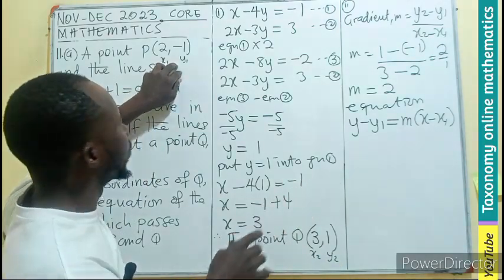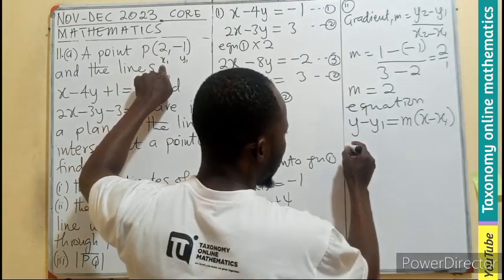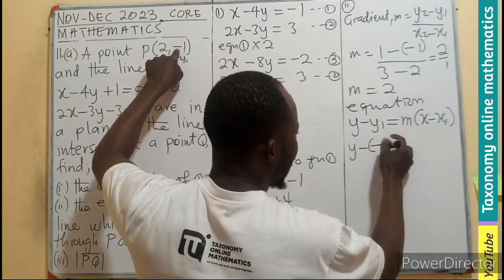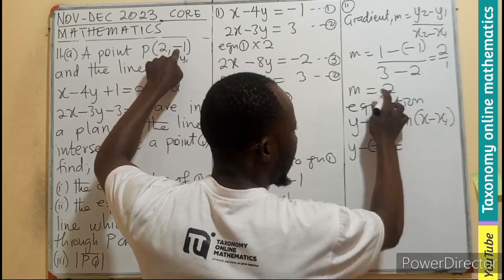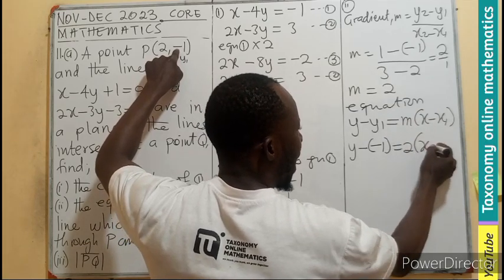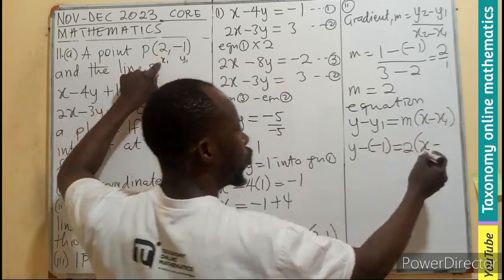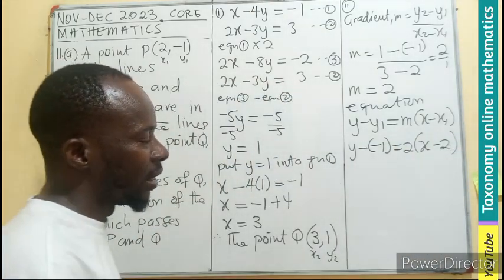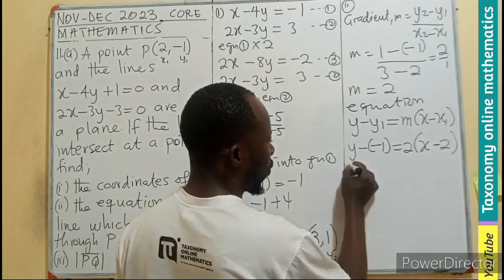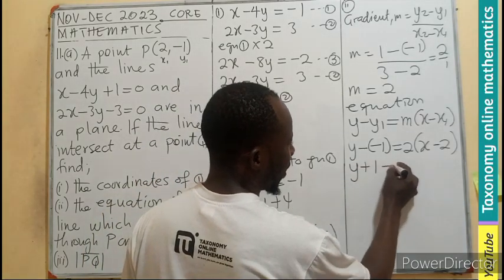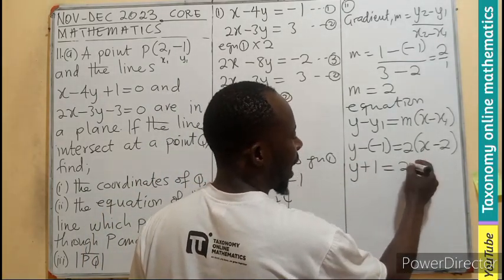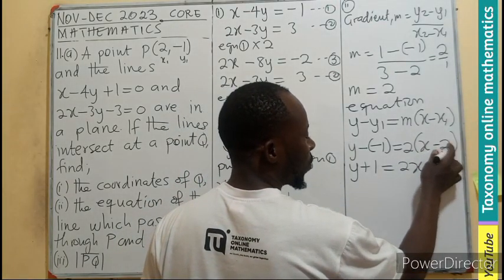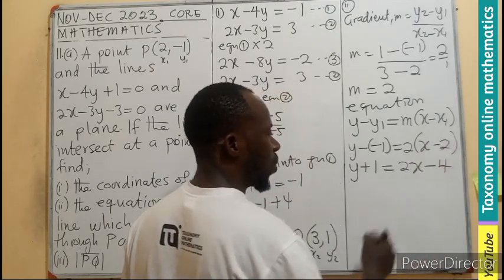Any of them can be used, so I'll be going for P. y minus y1, which is negative 1, equals m, which is 2, times x minus 2. Negative, negative, positive. So y plus 1 equals 2 times x minus 2, which is 2x minus 4.